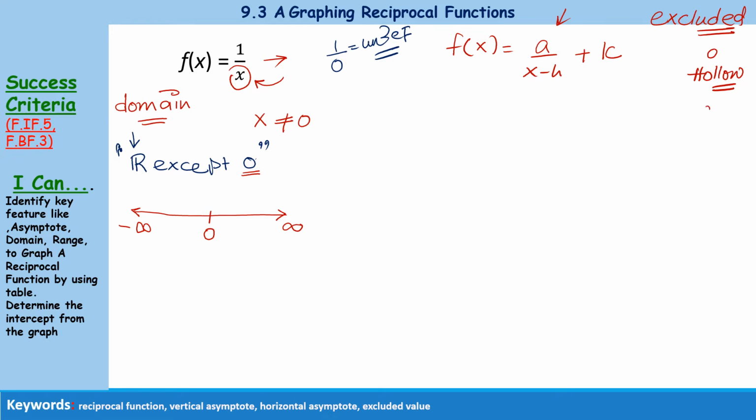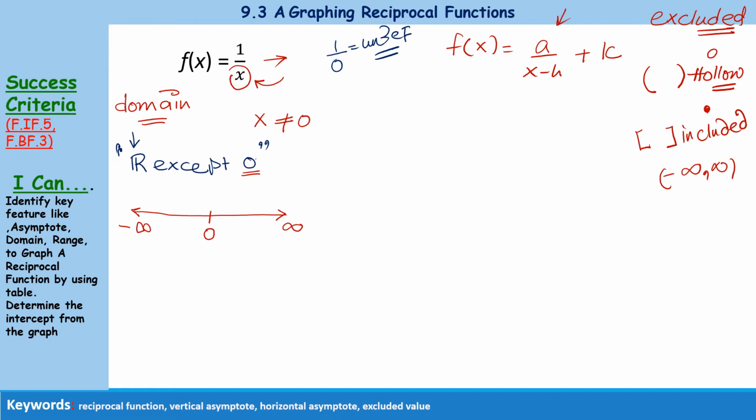A shaded point means that the value is included. Similarly, for an excluded point you use the small brackets, and for included values you use the square brackets. For infinity or negative infinity, you always use the small bracket. This is the important thing you should know before writing the domain.